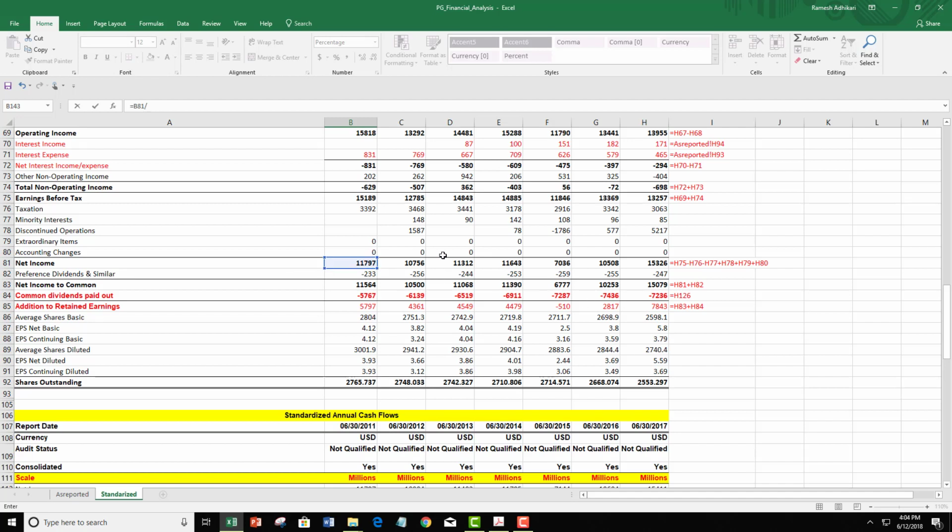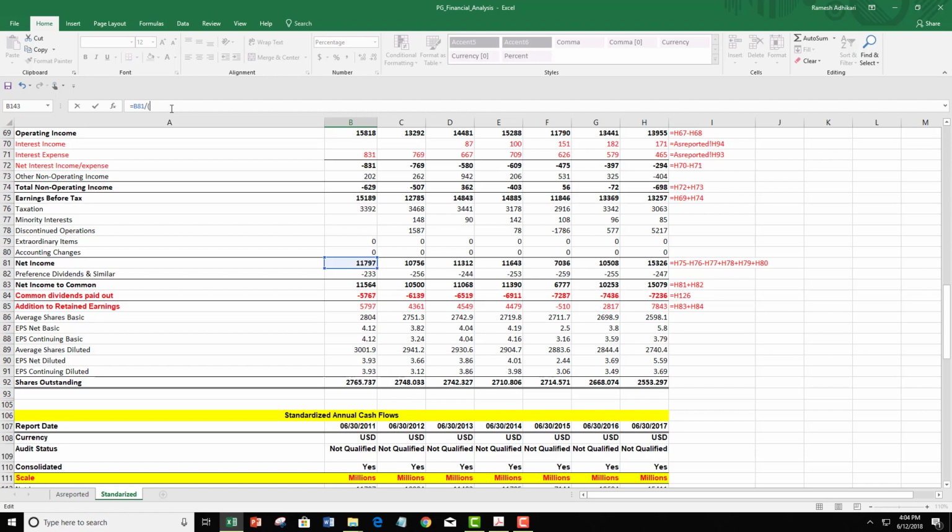invested capital. So what is invested capital? Invested capital is always equal to your net debt plus the book value of equity. And you should know that net debt is always equal to the total debt minus the liquid assets, right? So I'm going to compute the net debt first.